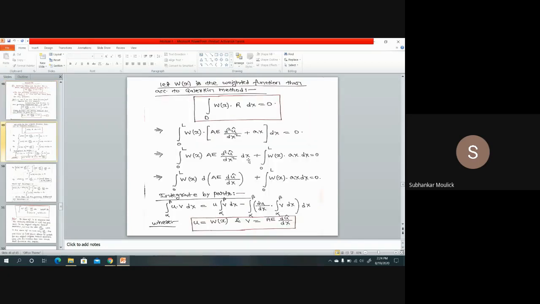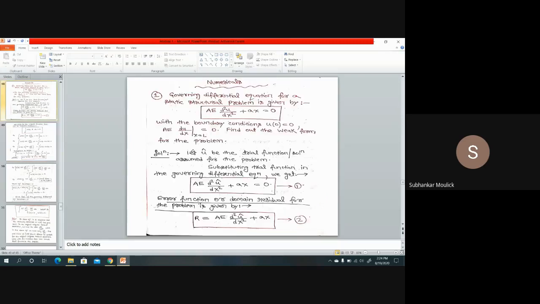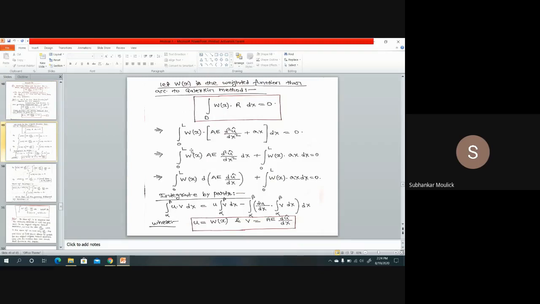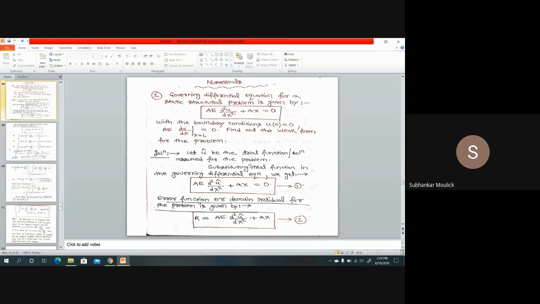That order we have to adjust with this weighted function. So whenever there is a weak form problem, we will never substitute the weighted function with the trial function. But if we are solving the problem by the Galerkin method or any other method, then we will substitute this weighted function by the assumed trial function.